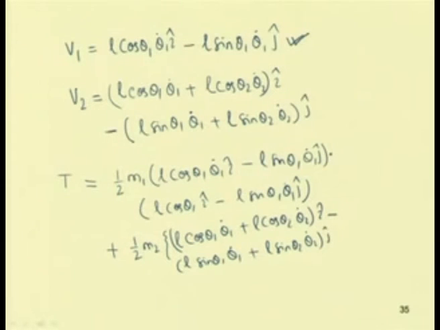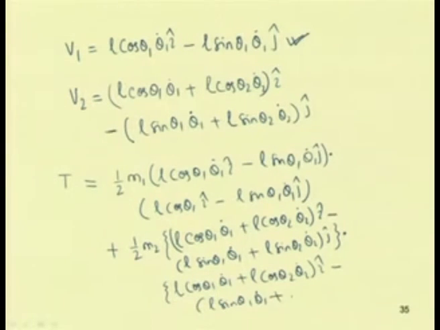So this is j, and now I can take this dot product, with the same thing written out: L cos theta 1 dot plus L cos theta 2 dot i minus L sin theta 1 dot plus L sin theta 2 dot, this is the j component. In this way one can find the kinetic energy of this system.